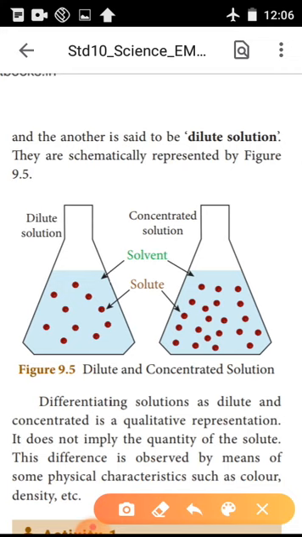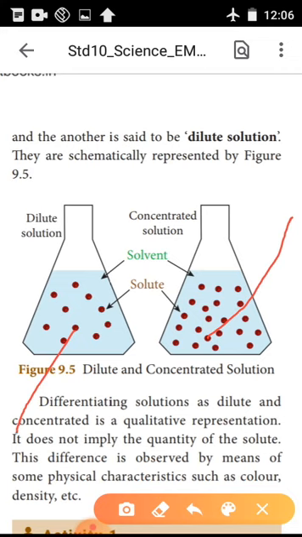Already I said, a solution containing a higher amount of solute particles in a given amount of solution is a concentrated solution. If a solution contains a lesser amount of solute, that is a dilute solution.